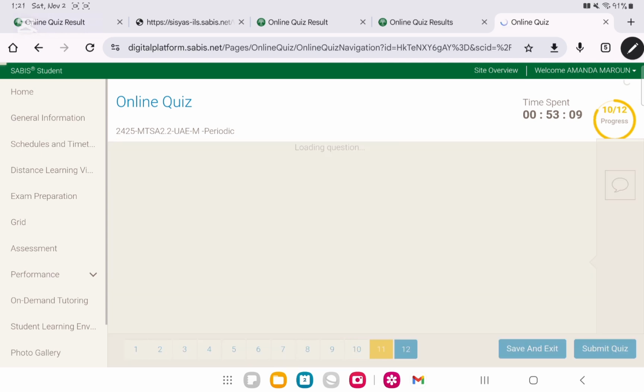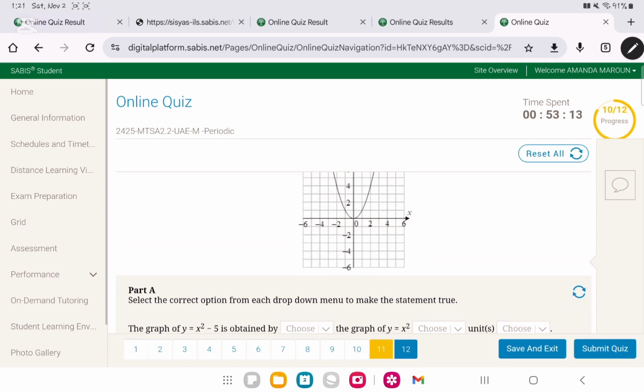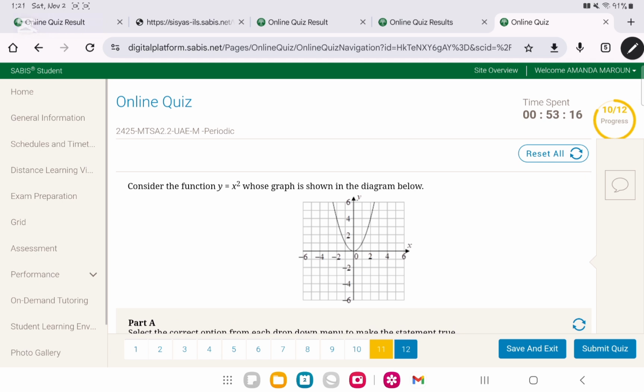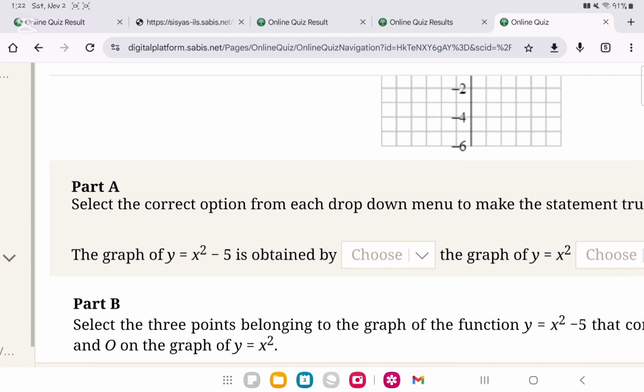Now we proceed to question number 11. It's a similar concept. Here they told us the function y equals x squared, which is the basic parabolic function. They made a change to it: they added or subtracted a number outside of the parentheses. Outside of the parentheses is a shift up or down, depending on the sign.